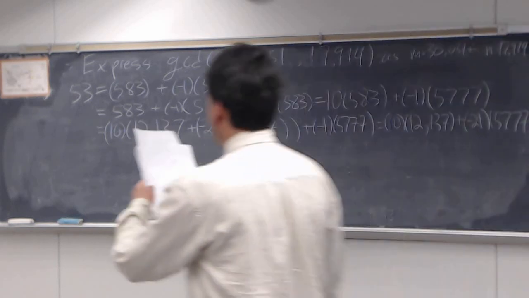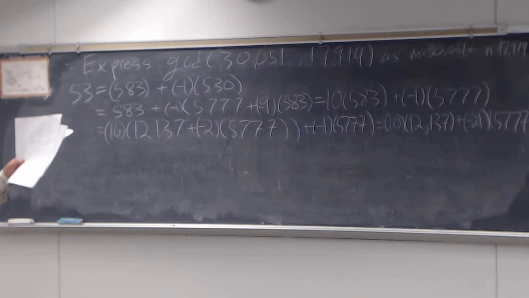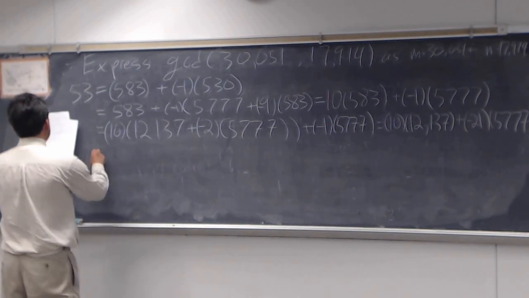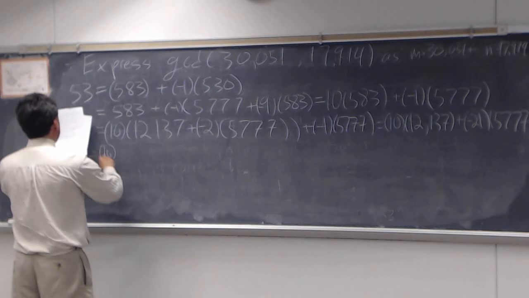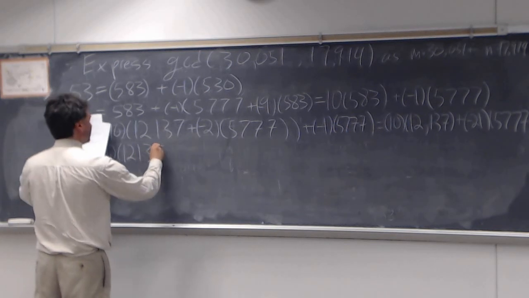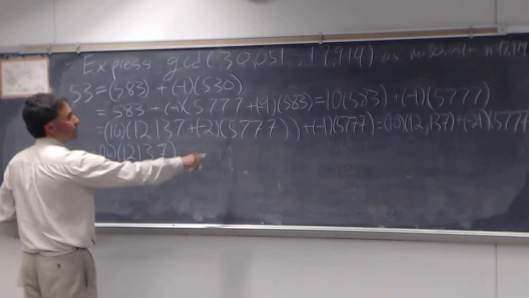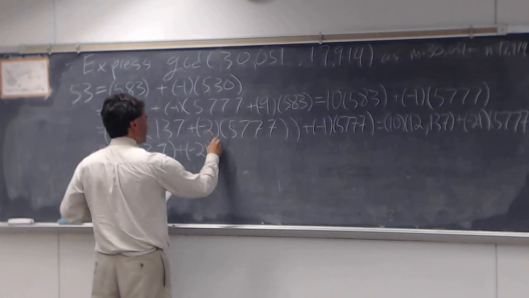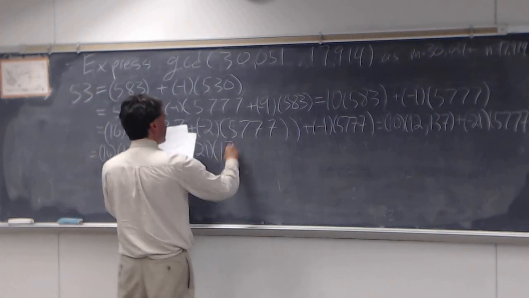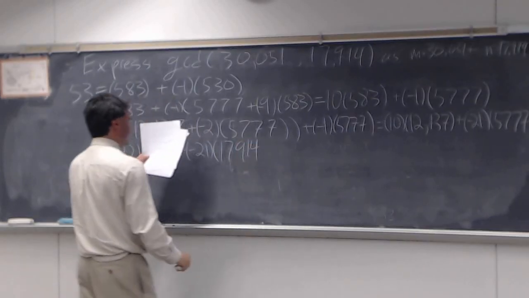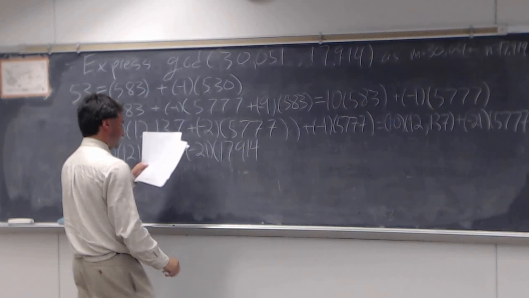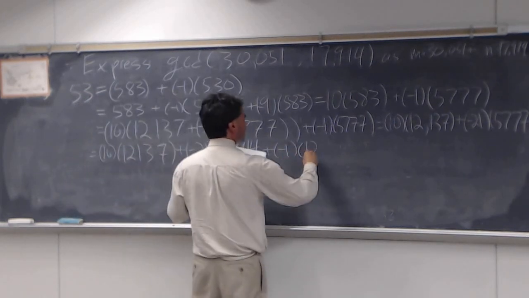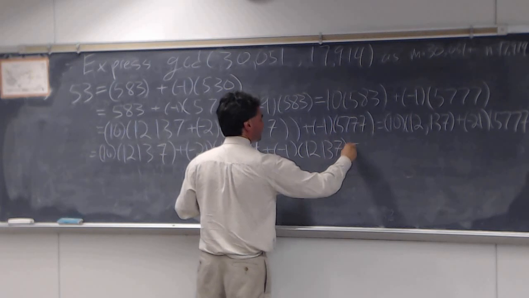Now we go back and play the same game again. Let's get the 12,137 and get rid of that. So this is equal to 10 times, I'm sorry, we get rid of the small one first. Getting ahead of myself. Let's get rid of this negative 21 times 5,777. We can replace that by 17,914 plus a negative 1 times 12,137.